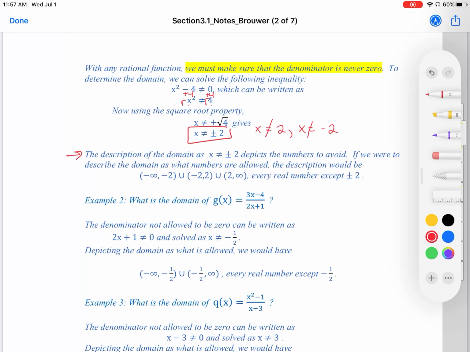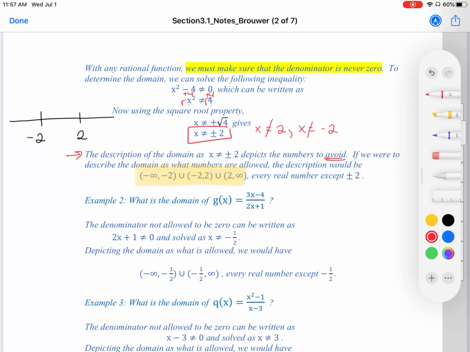The description of the domain as x not equal to plus or minus 2 depicts numbers to avoid. If we were to describe the domain as what numbers are allowed, the description would be, so let's talk about this notation. We have interval notation, and that's how we want to see it. And sometimes it's hard to see what's going on, so draw a number line. Let's mark the numbers we're going to work with, 2 and -2.